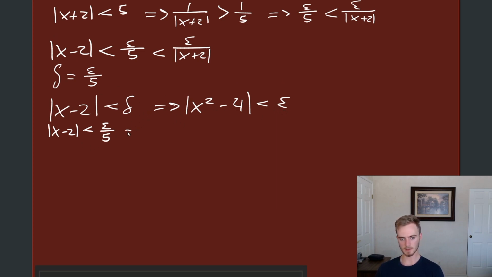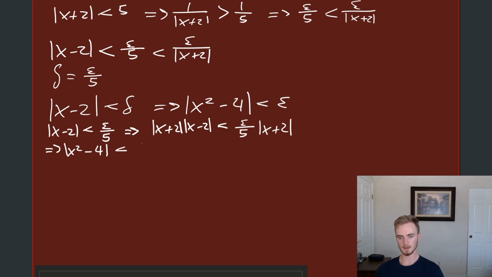Well, algebra. We start off, we multiply each side by the absolute value of x plus 2. We can simplify. So on the left hand side, we're going to get the absolute value of x squared minus 4. And then we get epsilon over 5 times the absolute value of x plus 2.